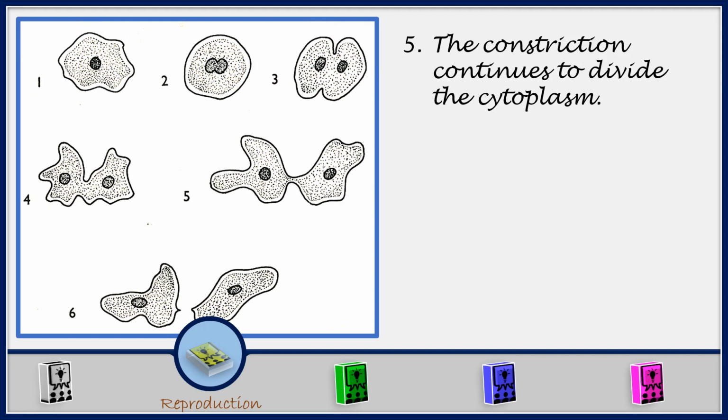So in the fifth stage, the constriction continues to divide the cytoplasm, and we remain with a small area that is needed to divide.